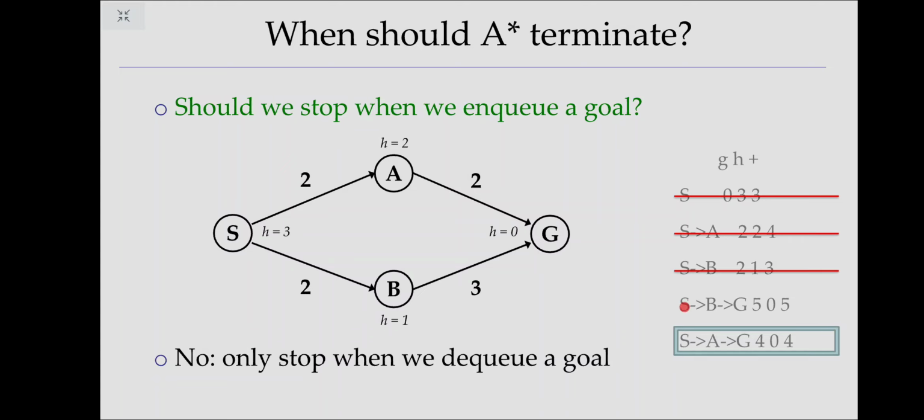The other solution, S, B to G, is not optimal. In our class, we name it suboptimal. Please pay attention. A suboptimal solution is a solution whose cost is greater than the optimal solution.